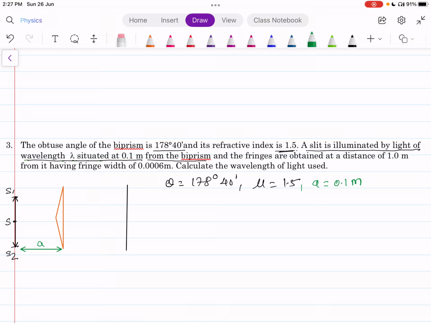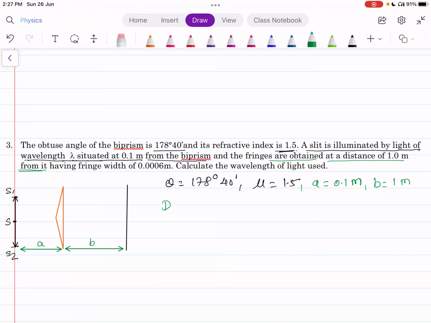And the fringes are observed at a distance of 1 meter from the biprism. So this distance is given. Let us denote it by the letter b. b is equal to 1 meter.